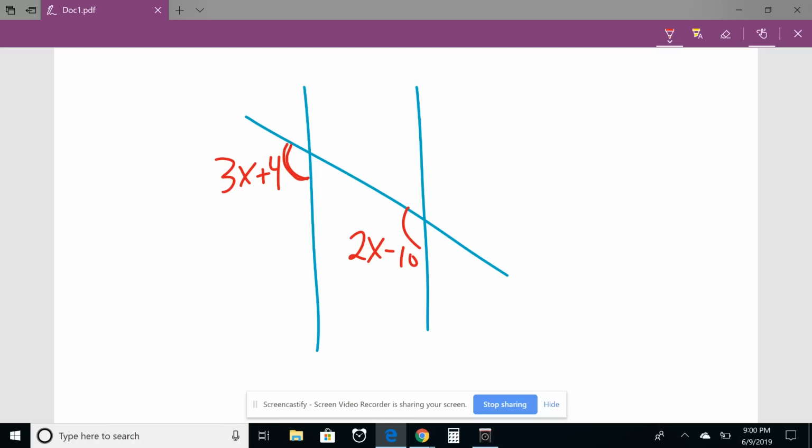These two angles right here, they're both obtuse. They're both greater than 90 degrees, so they're the same shape. So when they have the same shape and two parallel lines cut by a transversal, they are congruent. Also, these are called corresponding angles. They're in the same location. So 3x plus 4 equals 2x minus 10.